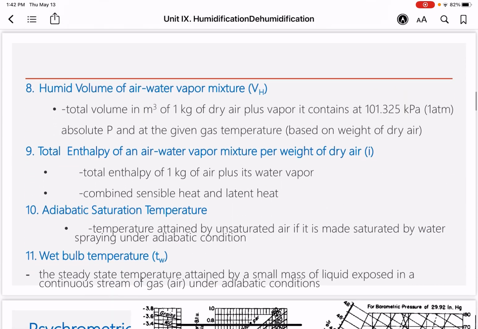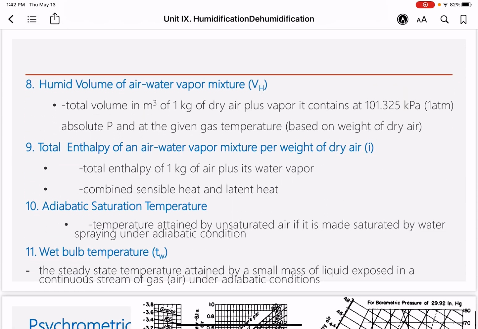Now, we go to humid volume. Humid volume is the total volume in cubic meters of 1 kilogram dry air plus the vapor it contains at 1 atm absolute pressure and at a given gas temperature, which is based on weight of dry air. So you have an equation given in your module, that's equation 9.6.